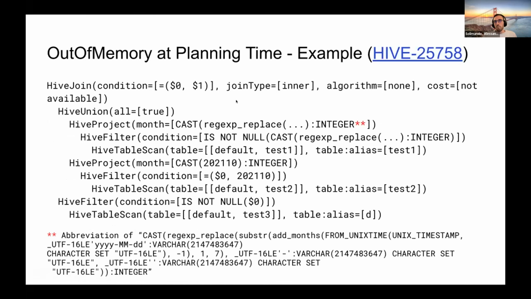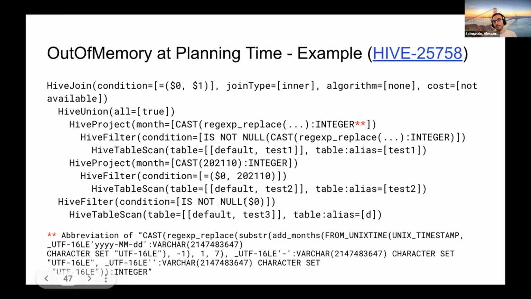After 20 rule applications or so, the query plan associated to the join was looking as follows. We can see the table scan for table test3 and the subplan associated to the union where test2 and test1 tables are scanned.